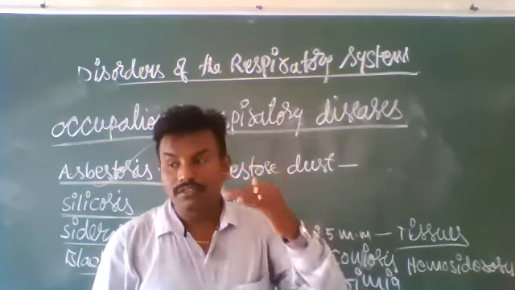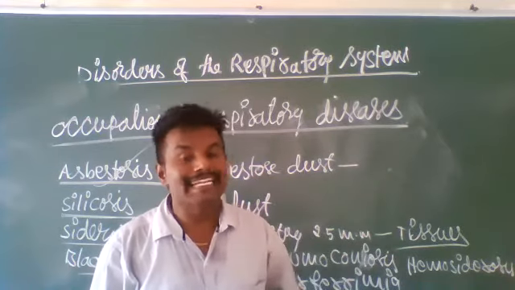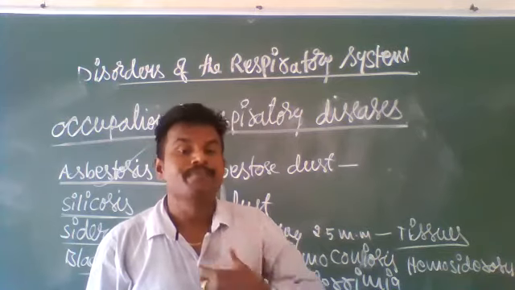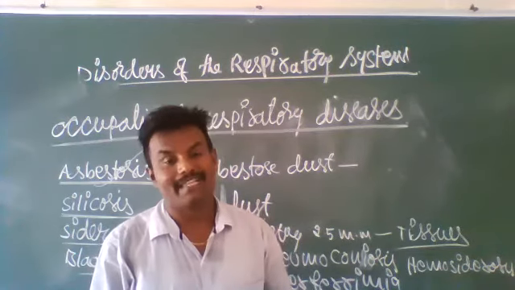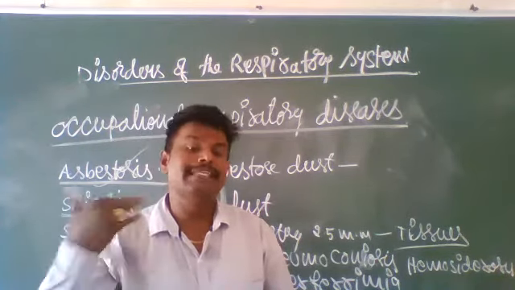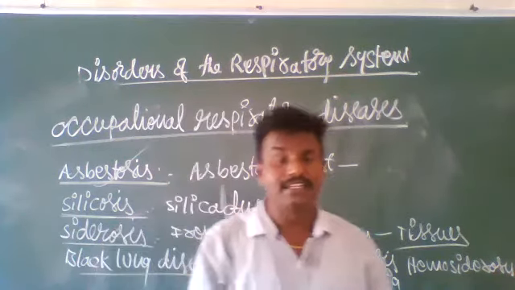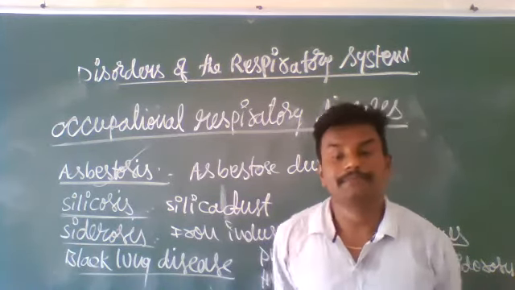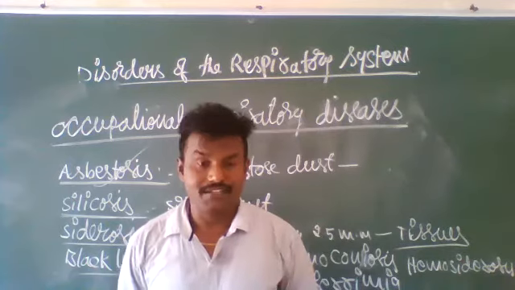So such people often have to take treatment once or twice a month. They have to go and check their respiratory tract, whether it is blocked with any dust particles. If they check frequently, then they can identify any disorders in earlier days and they can increase their life span. Otherwise, they will face dreadful conditions.